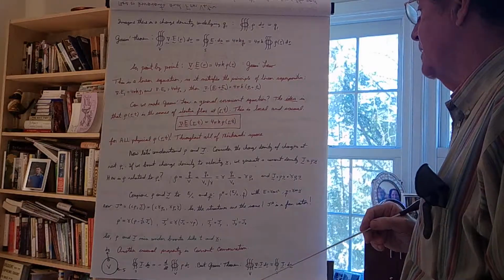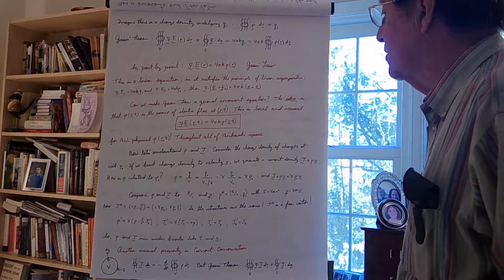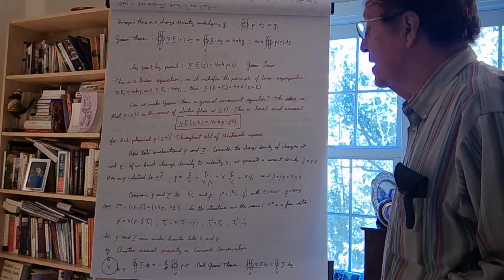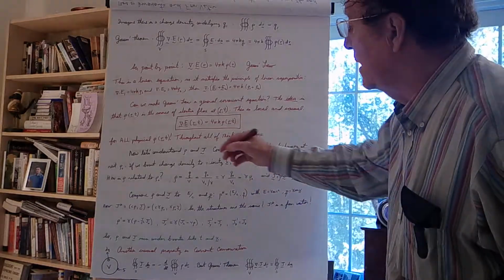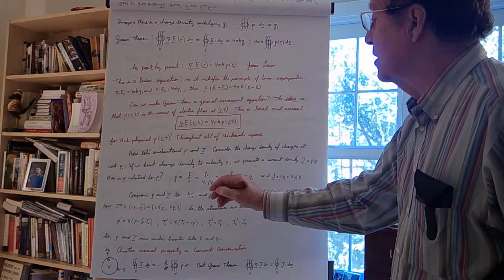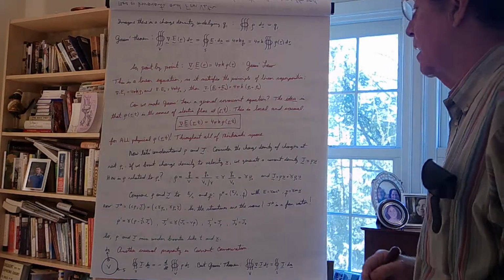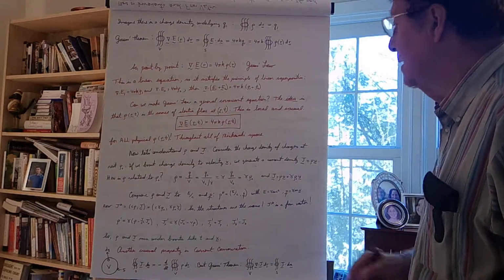Okay, and that's what's stated here. So J mu, there's a 4-vector charge density, or current density. It consists of a time component, which is the charge density, and spatial components, which are the ordinary current densities. I write them out like that.